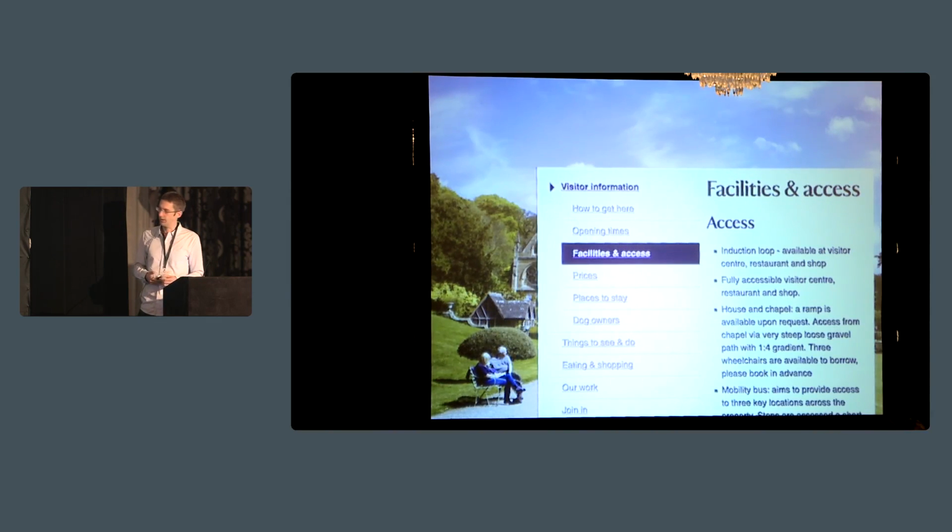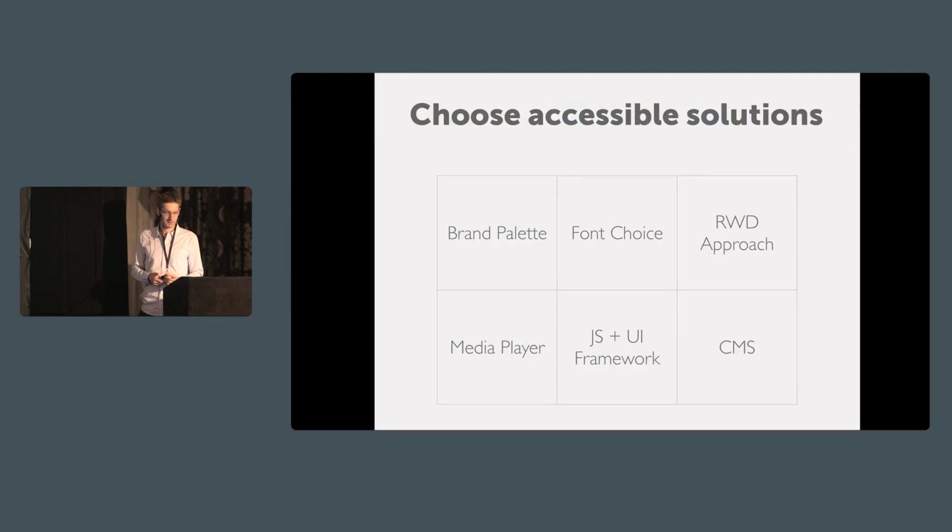Another way that people can scupper accessibility at the beginning is to choose things, either technology or approaches, that are going to make it really hard to make accessible. So things like, does the brand palette provide you with sufficient contrast for your colour scheme? Is that going to cause you issues? Font choice, not usually such a problem these days, but previously you might have to represent the font in imagery.